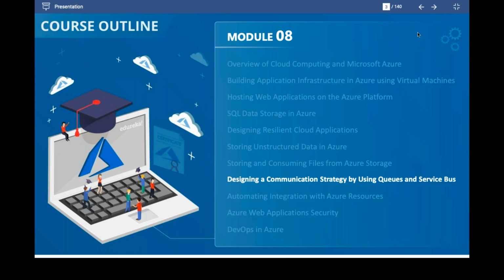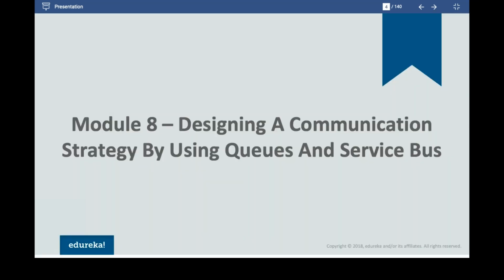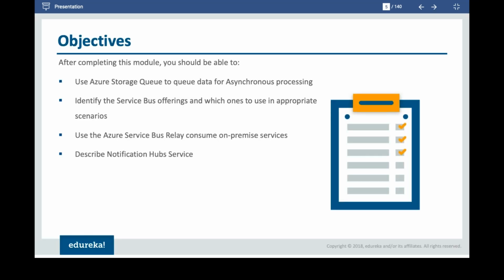So the objective for today is that by the end of this module, you would be able to understand Azure Storage Queue, which is asynchronous processing. You will be adding queues, you will be adding messages on the queues, and we'll also make sense of Service Bus, which is not in storage but a communication strategy. That's another service that we have in Azure.